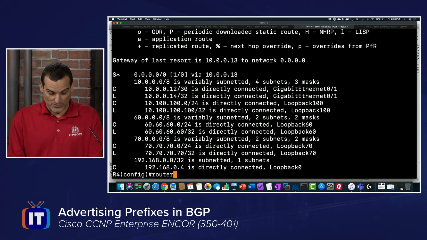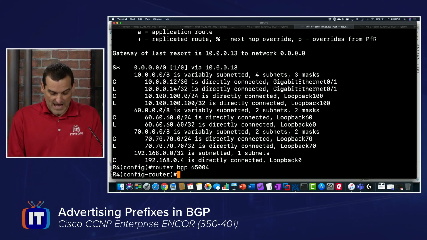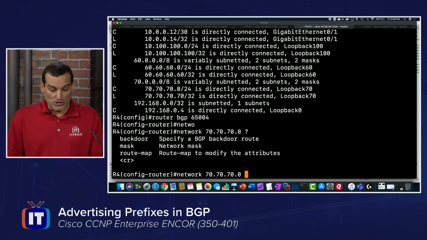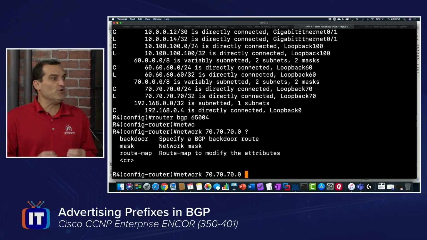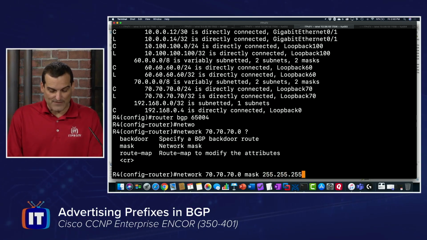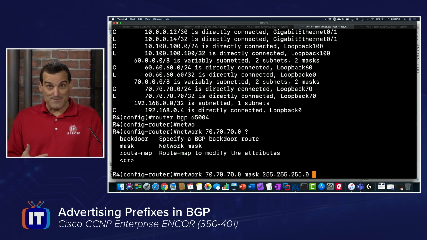So, router BGP 65004, network, spelling counts, 70.70.70.0. Use your context-sensitive help because that will keep you from forgetting the mask. You must do the mask for the subnet mask if it is non-default.